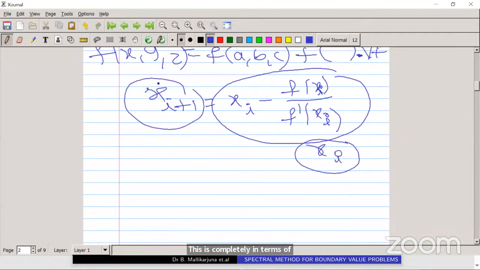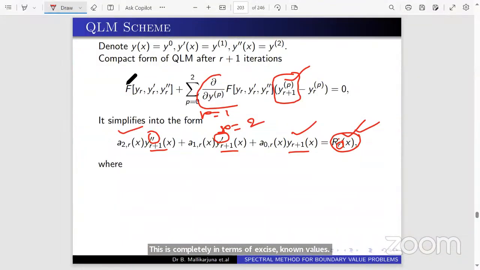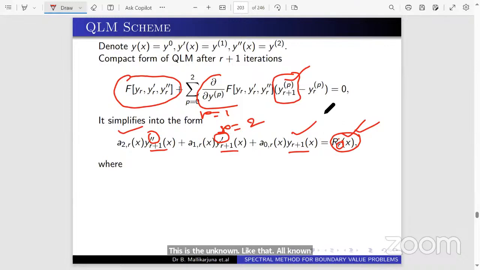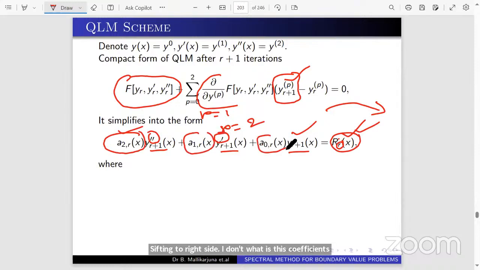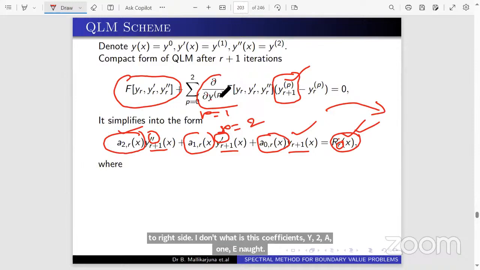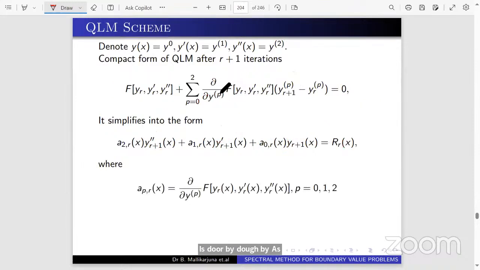This is the unknown. Like that, all known values at the rth level are shifted to the right side. And what are these coefficients, a2, a1, a0? They are dou f by dou y as per the P. This a p r is nothing but this.